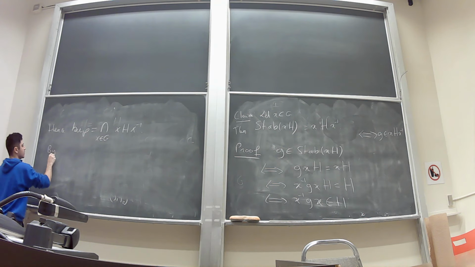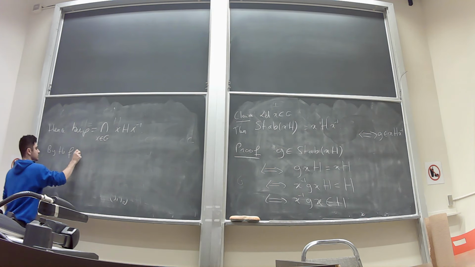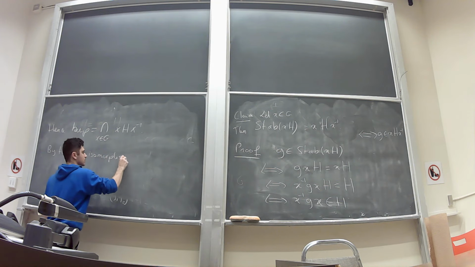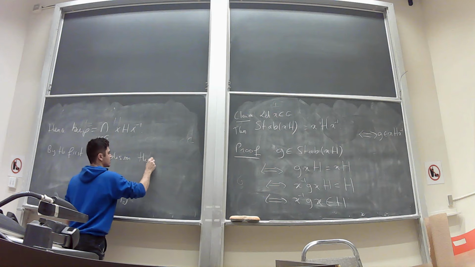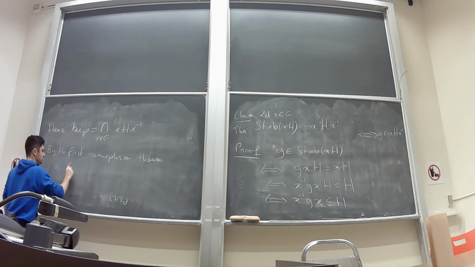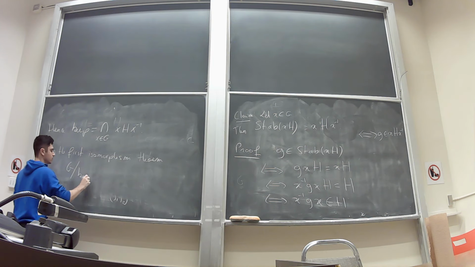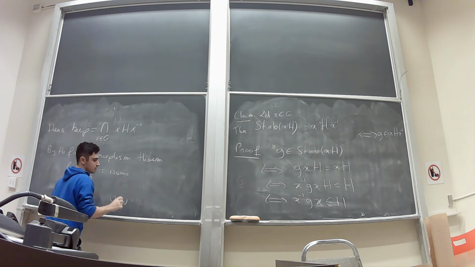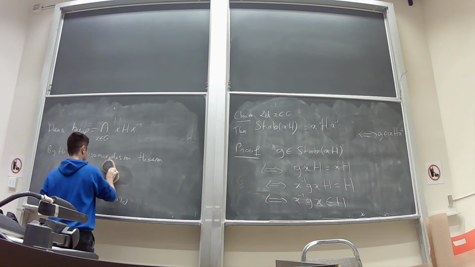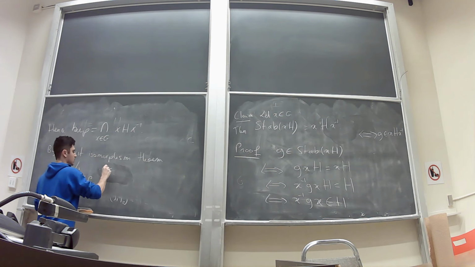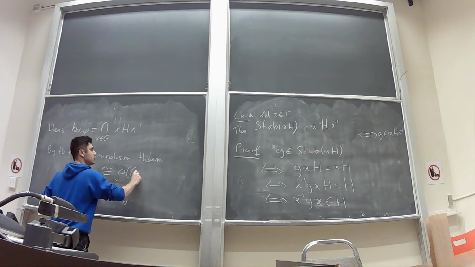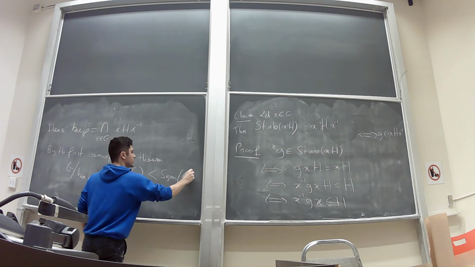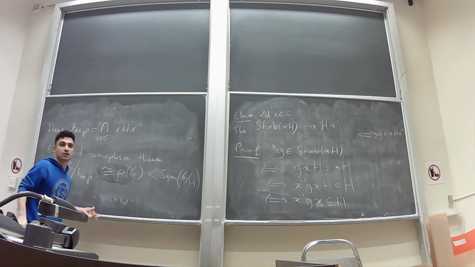So, by the first isomorphism theorem, G modulo the kernel of rho is isomorphic to rho of G, which is a subgroup of the symmetric group of G mod H, which is isomorphic to Sn.